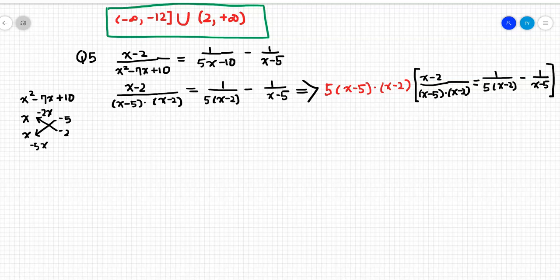We're going to multiply this quantity here, 5(x - 5)(x - 2), to one term at a time. So let's just look at the first term. You see the x - 5 and x - 2, so they cancel out. Okay, so we're just going to get 5(x - 2) on the top.